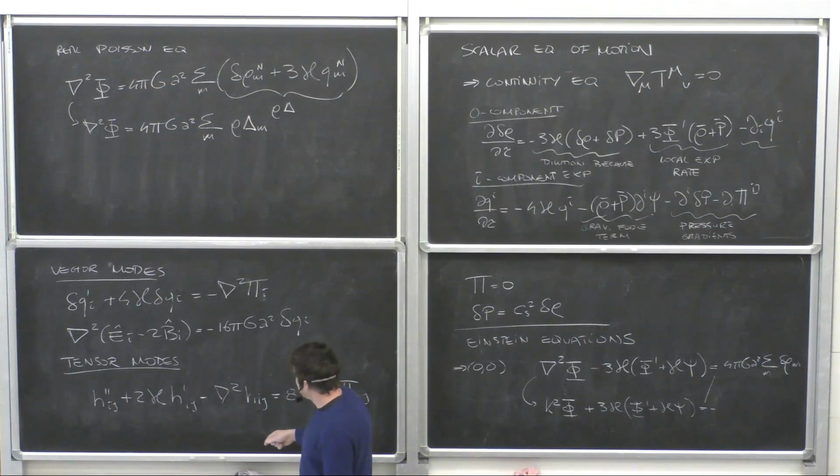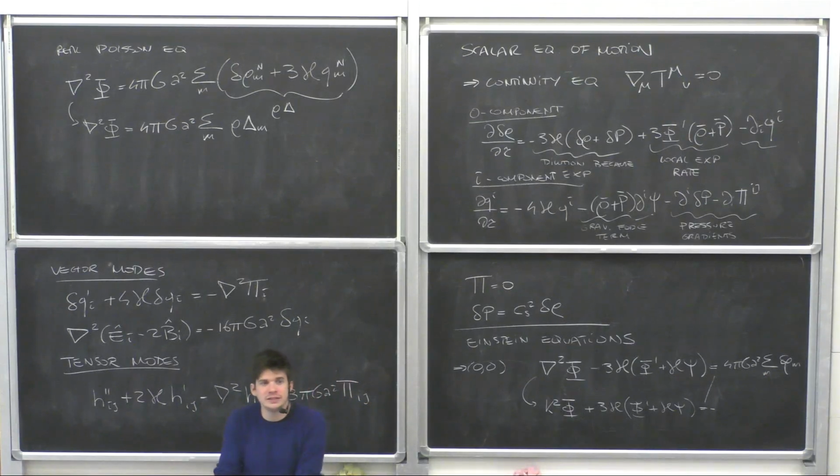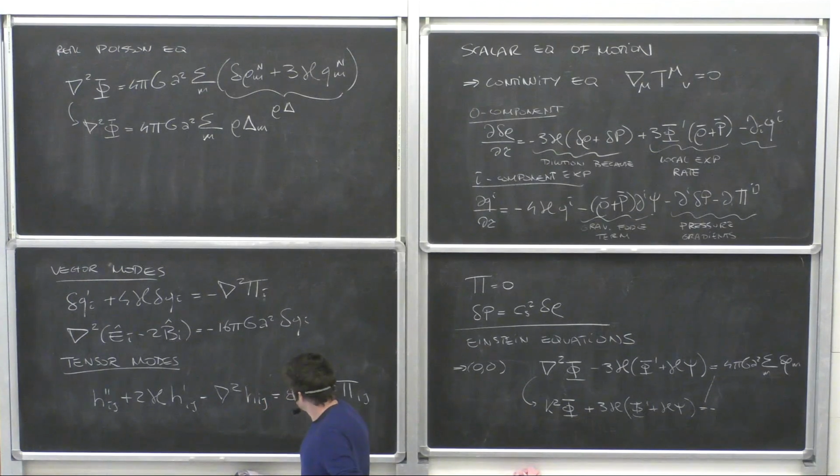Now, people may try to detect these. Especially there are a few proposals to try to detect these with tabletop experiments, the reason being that at tabletop length scales, basically at the meter length scale, you don't really have astrophysical processes generating gravitational waves.